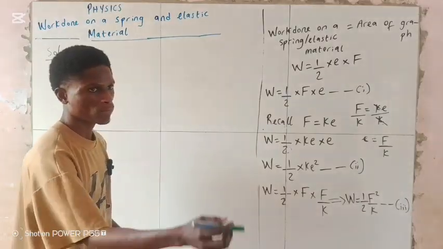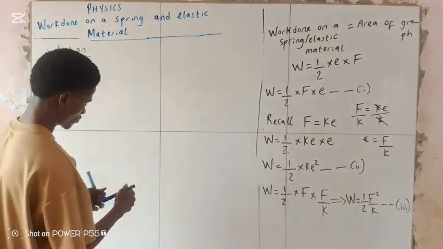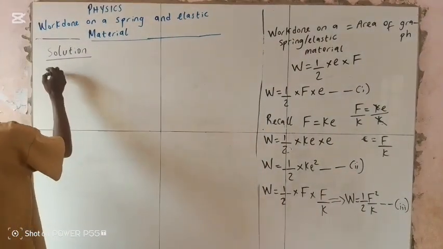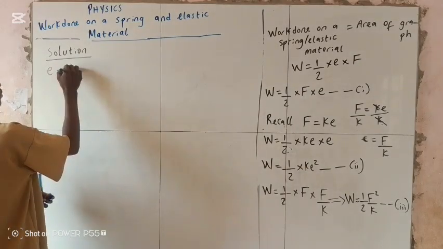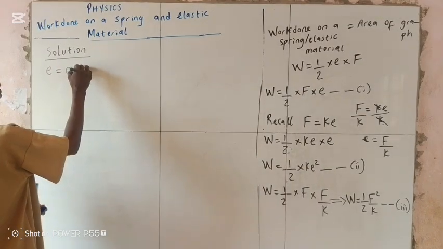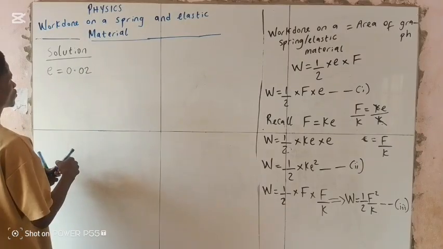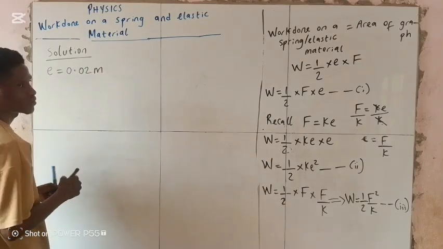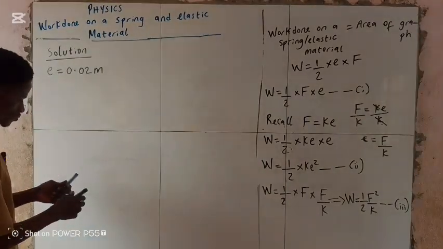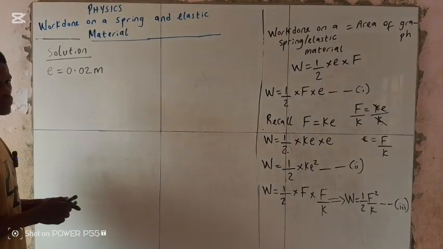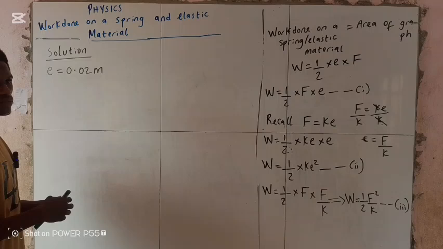Okay. What are we given? I'm given an extension, 0.02 meters. What else are we given?